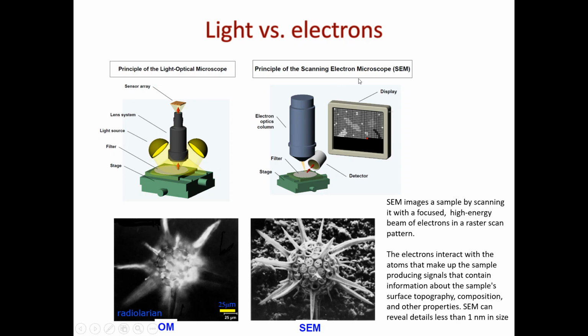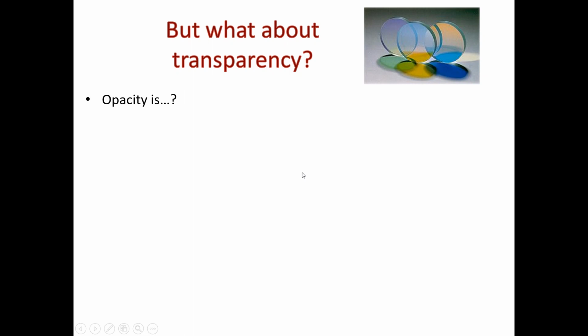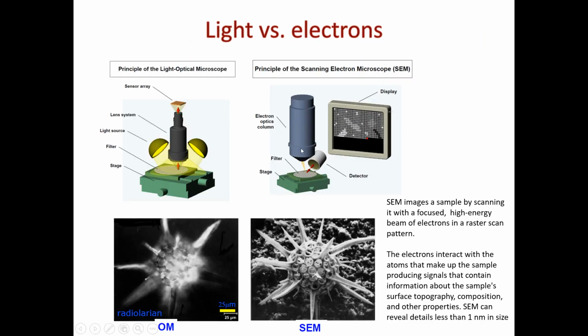So a scanning electron microscope is recording a scatter of electrons. Did I say that I promised by the end of the semester? Okay, hold me to that. So basically, you shoot a beam and you detect scattered electrons, and that scatter allows you to see details in texture.